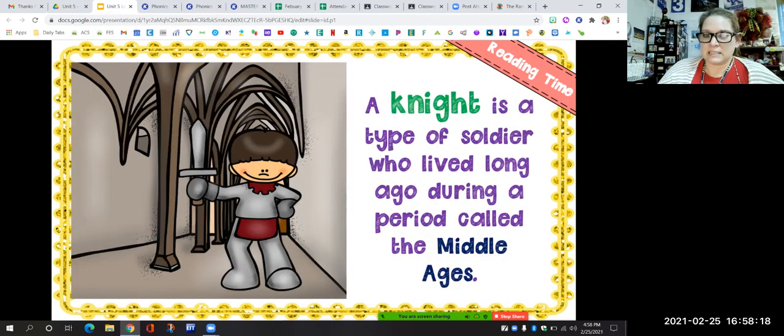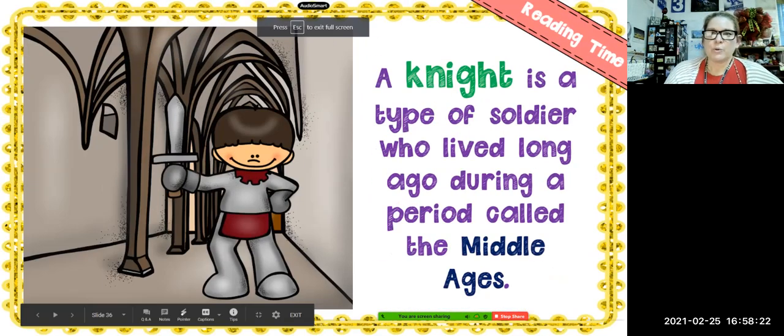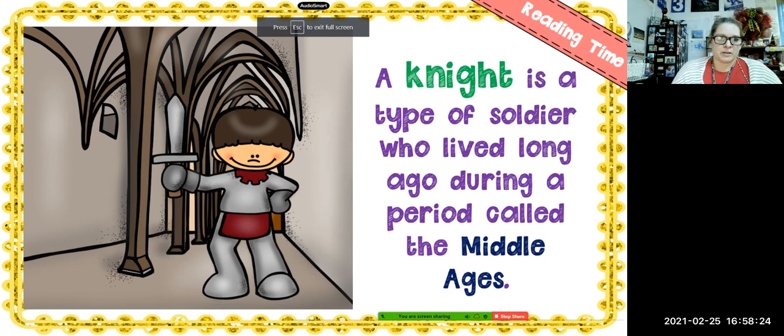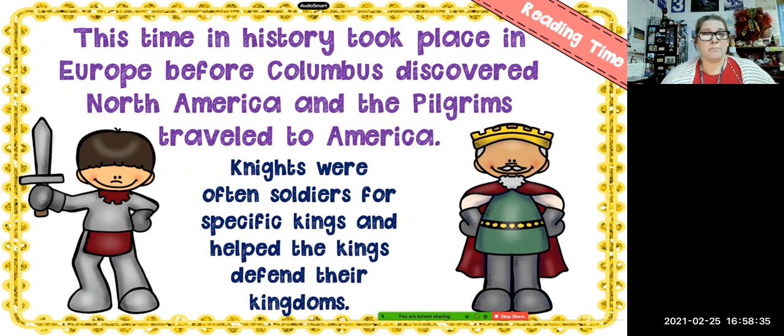And a knight is a person who's a type of soldier who lived a long time ago during a period in the world called the Middle Ages. And this time in history took place in Europe before Columbus discovered America and even before the Pilgrims traveled to America.